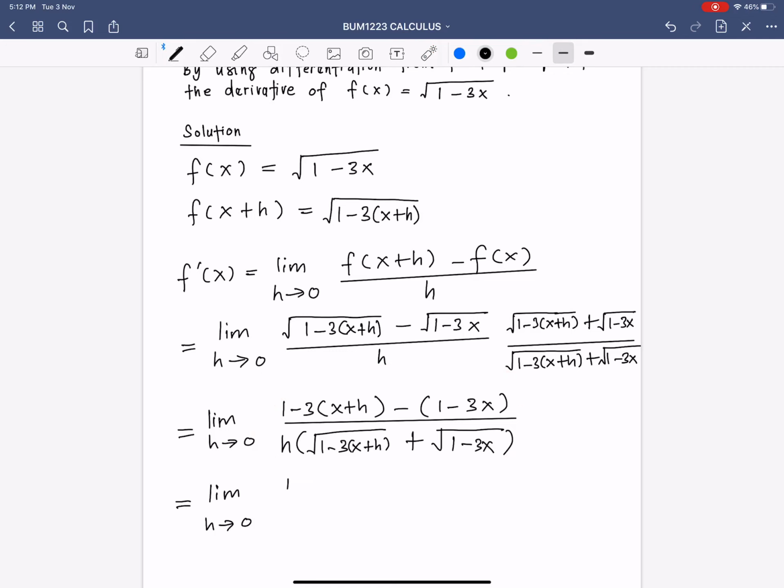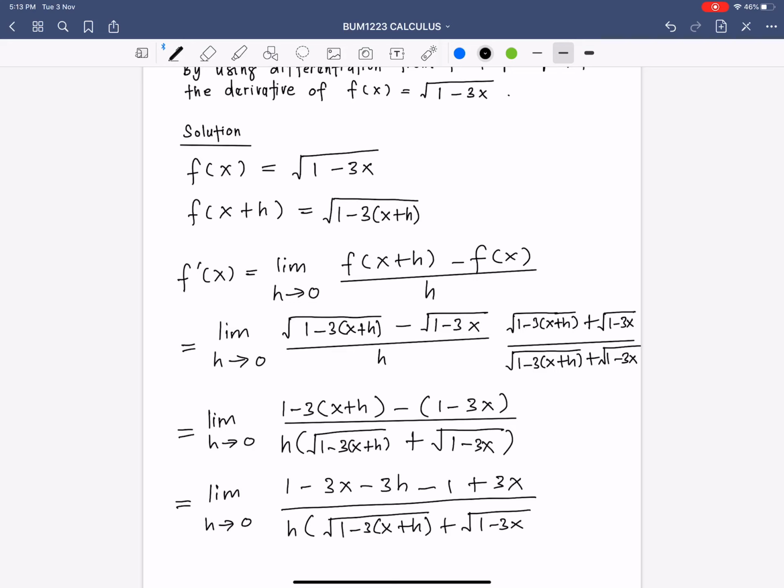In order to simplify, we expand the numerator, so we get 1 minus 3x minus 3h minus 1 plus 3x, over h times root of 1 minus 3(x plus h) plus root of 1 minus 3x.